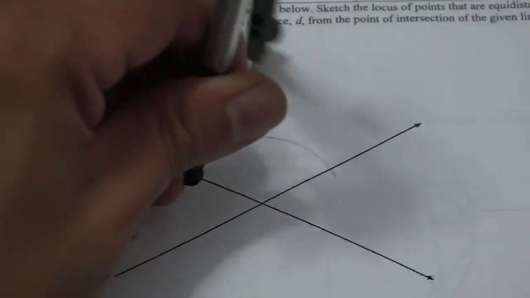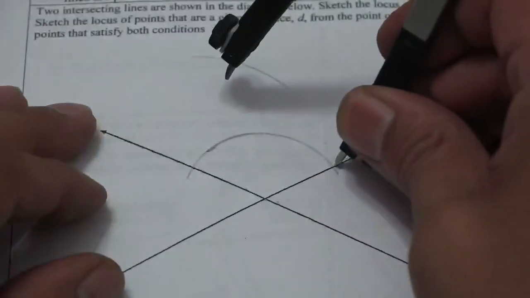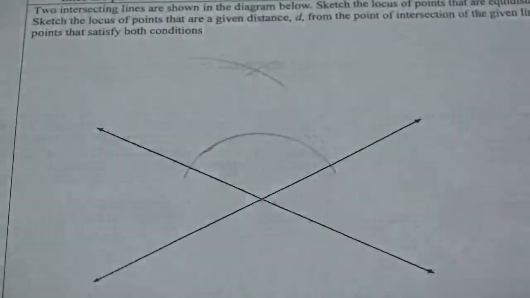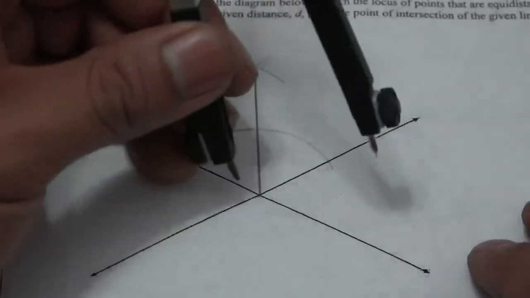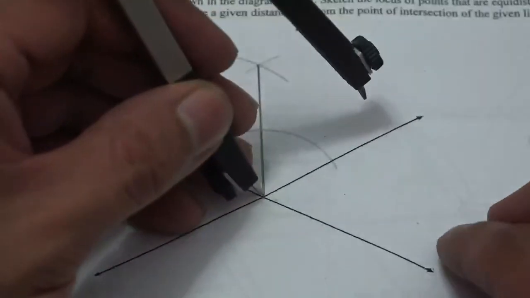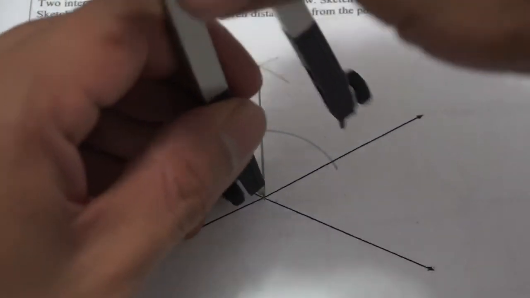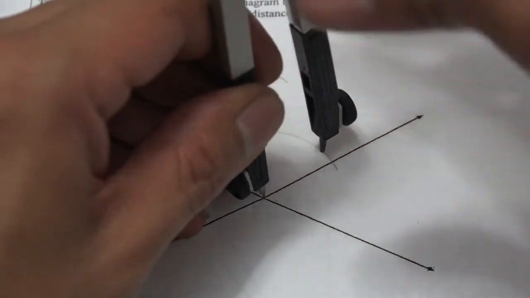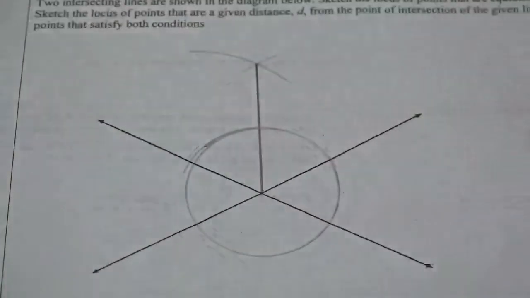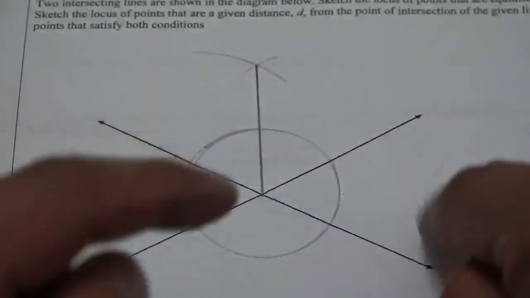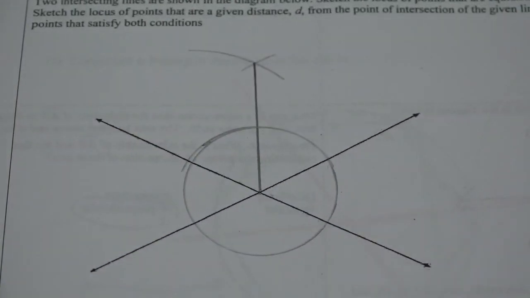And then draw 2 more arcs right here. And that is my angle bisector. Then I do the same thing here. I'm gonna use the same arc for every single one of them. So arc right here, and arc right here. Measure the opening of the arcs, create the 2 intersections, and that's it.